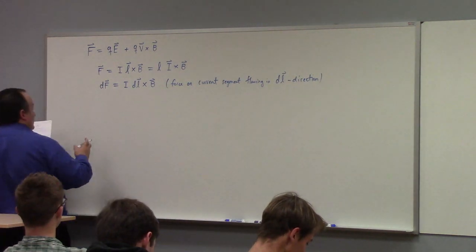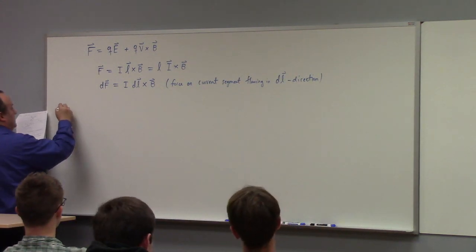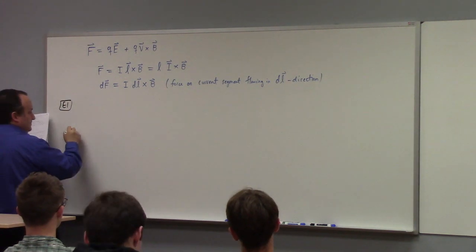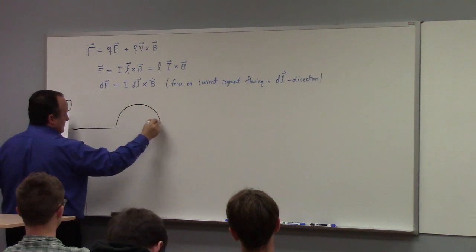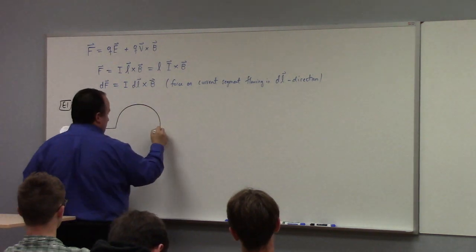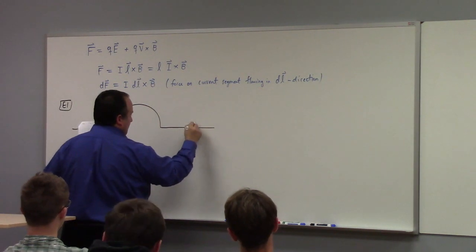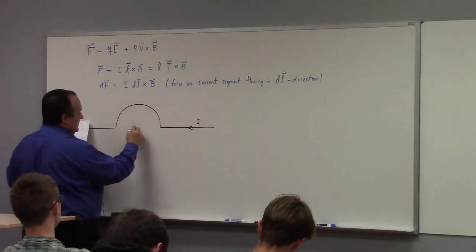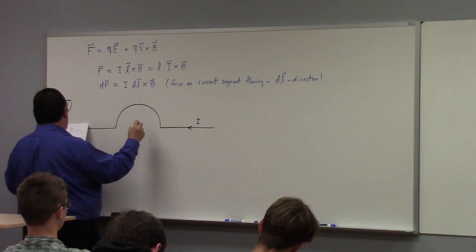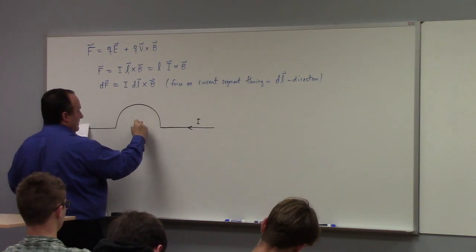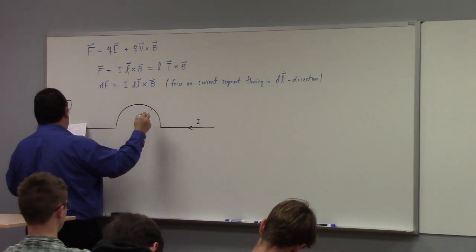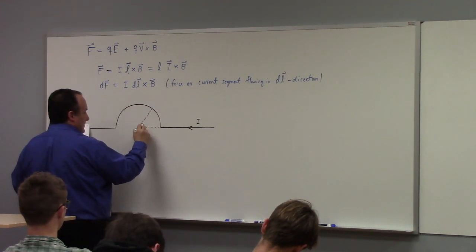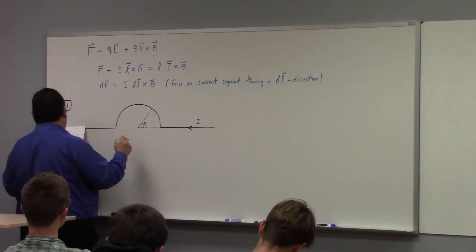And so I'll try and draw a picture here. Example 1. Suppose you've got a half loop like this, and I've got a current I flowing in like this, right? And what I'm going to do is describe a little current segment that's at an angle, let's say theta here, all right?